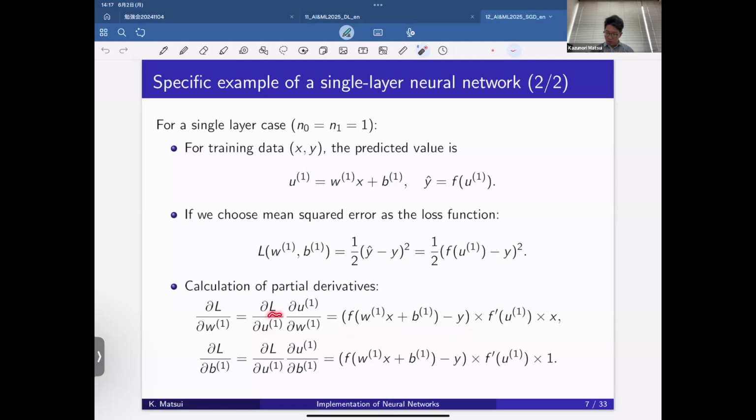So L is 1/2 times (f(u1) minus y) squared. The partial derivative of L with respect to u1 is (f(w1x plus b1) minus y) times f prime(u1). So this corresponds to here.